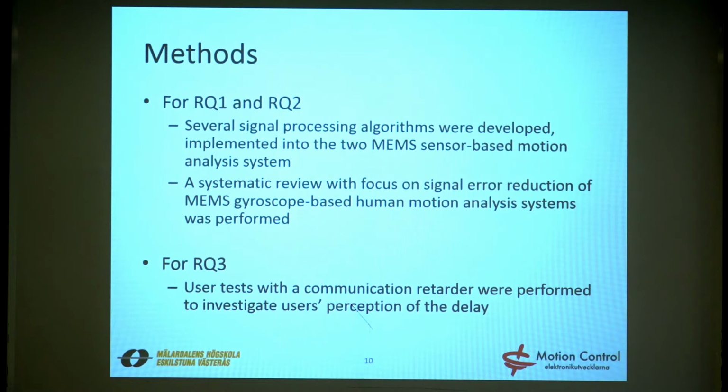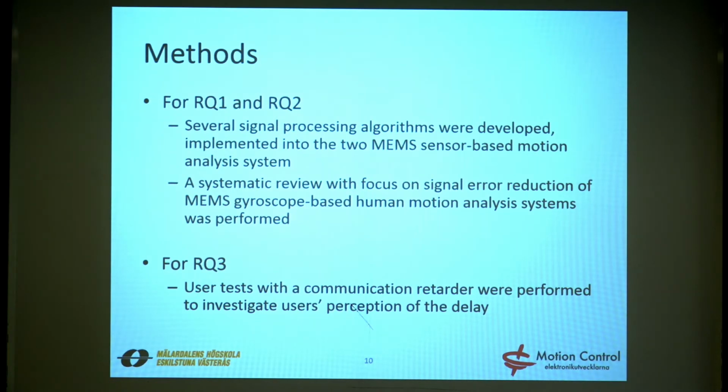For the methods, we focus on the first and the second research question, which is to reduce the signal errors and to improve the position accuracy. Several signal processing algorithms were developed, implemented into the 2 MEMS sensor-based motion analysis systems.